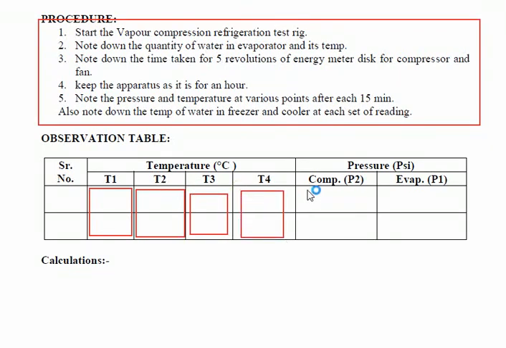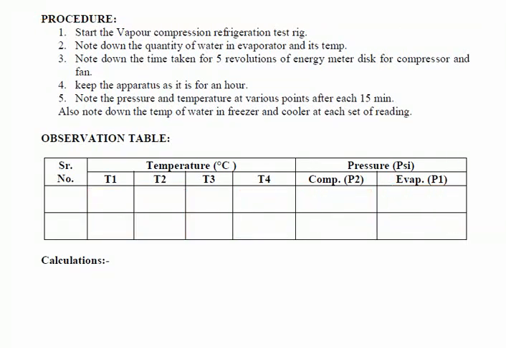This is the compressor pressure. After compression, what is the pressure achieved? That is P2, and this is P1, that is the evaporator pressure. So, a pressure gauge is mounted at the exit of the compressor and at the inlet of the evaporator.